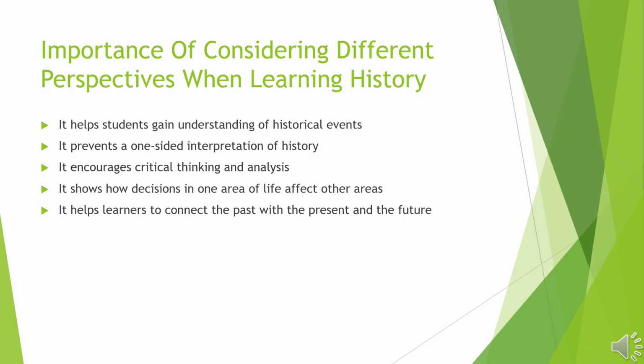That is why we are saying they overlap. And the last one, I said, it helps learners to connect the past with the present and the future. History is where we live, and when you learn the past, it will help you connect to the present and know what decision to take in the future.